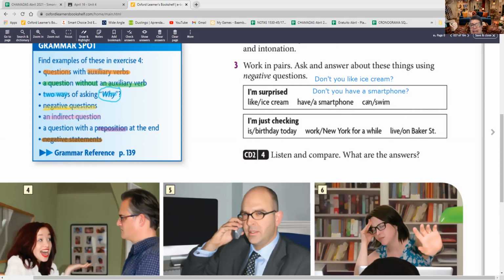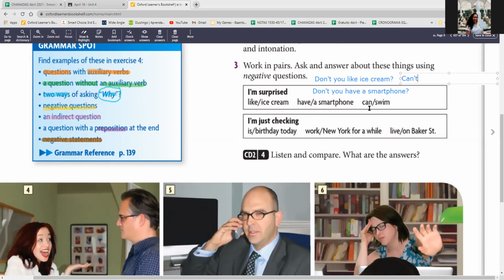We have can and swim. So let's try that one too. Don't you can swim? Oops, not really. But the idea is the same. We need to start with a negative auxiliary.